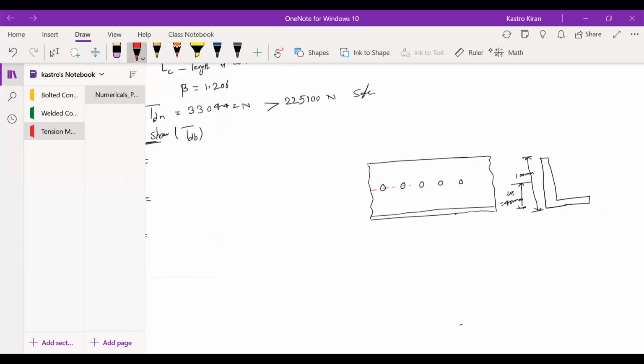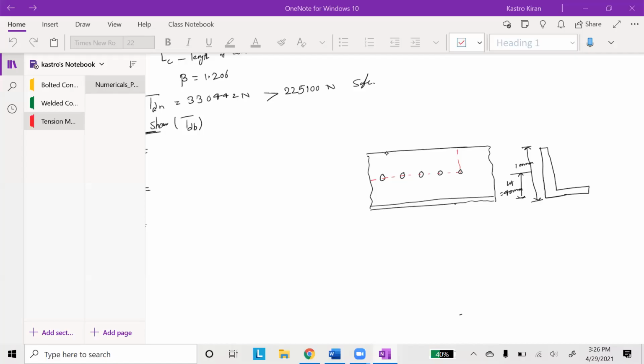Now the portion that is available above the WI value is the plane of failure. Remember, the section of failure is considered above the 40 mm length, which is the WI value.